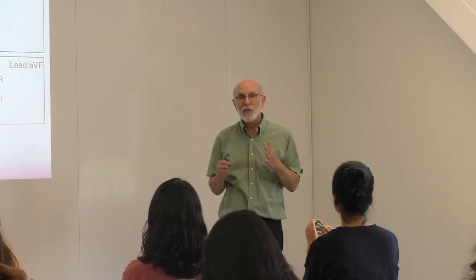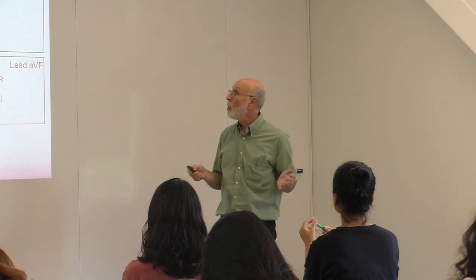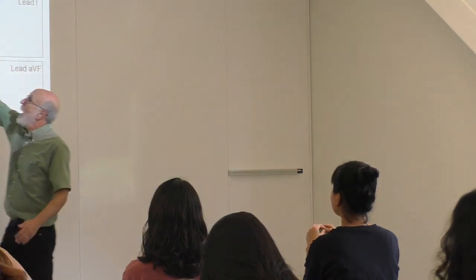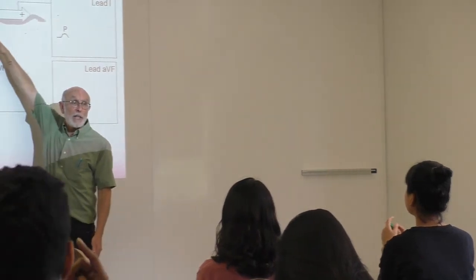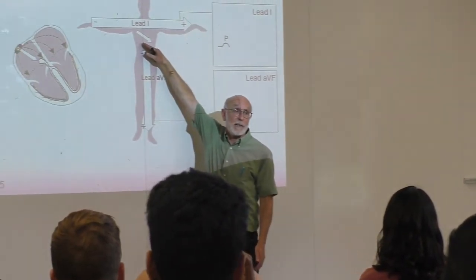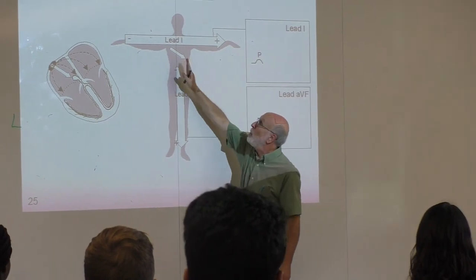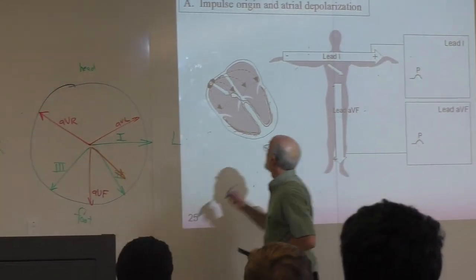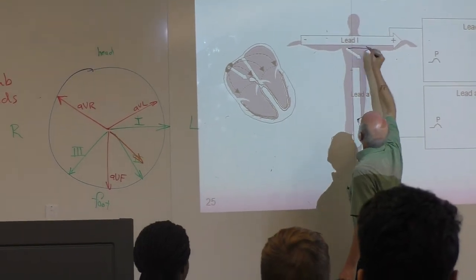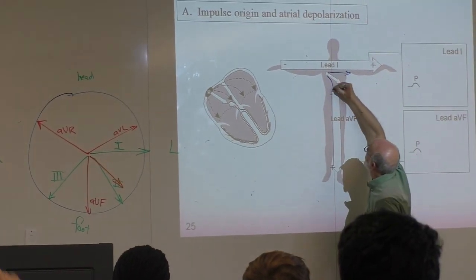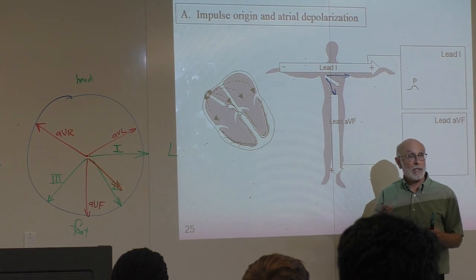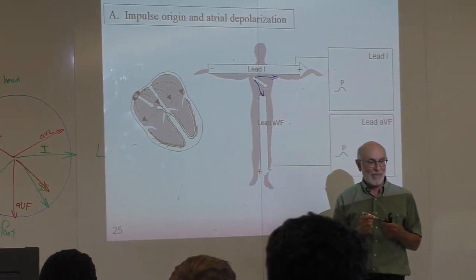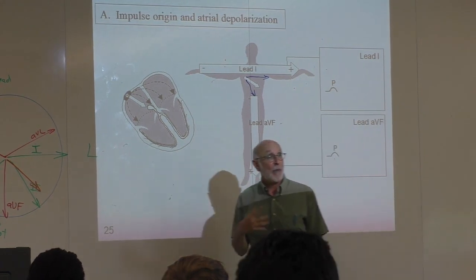So don't get too hung up on it. Almost everybody has a spread of atrial vector that looks like this, but there could be quite a lot of variability. Some people, the vector will look like this. Some people, the vector will look like this. There's about 90 degrees of variability in everything that we're talking about.